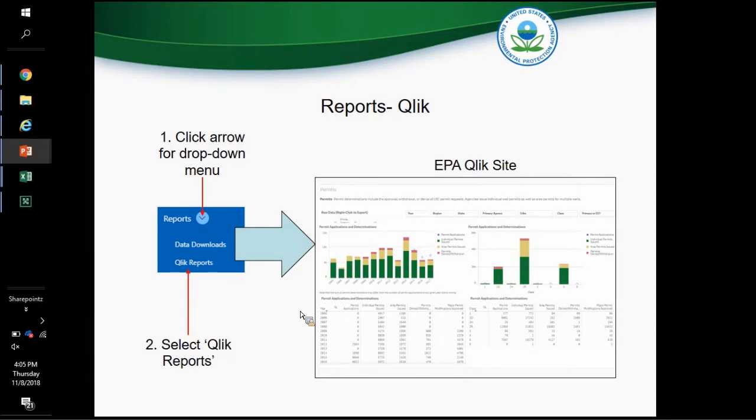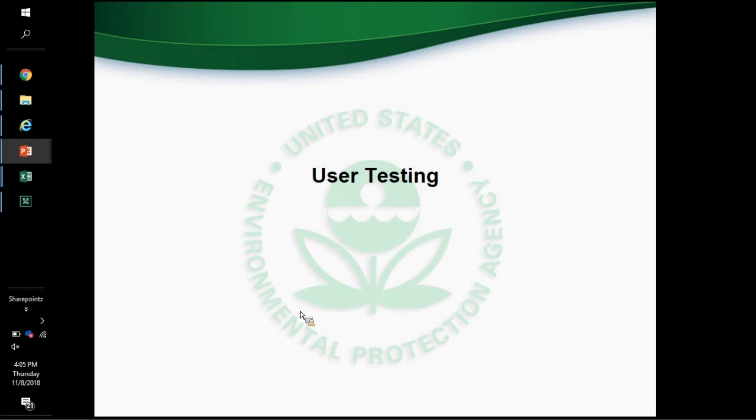But when they are ready, you'll be able to access them using your web browser, and once you're in Click, you can view ready-made charts and graphs of all UIC inventory and Form 7520 data. And Click just makes filtering, analyzing, and exporting data very easy.